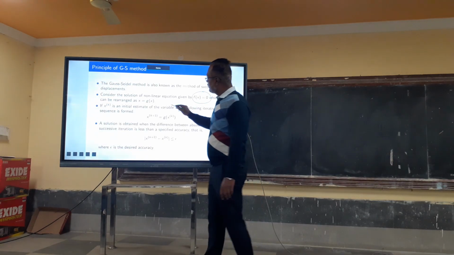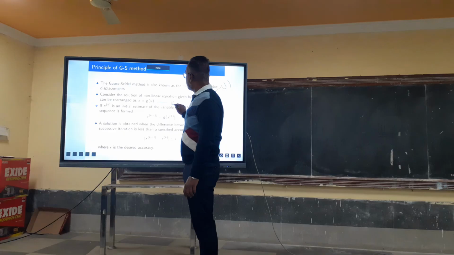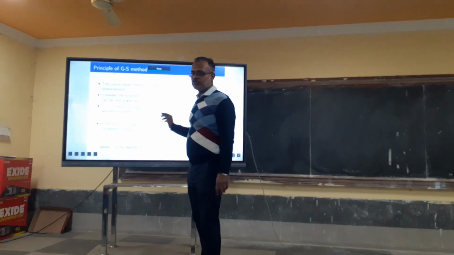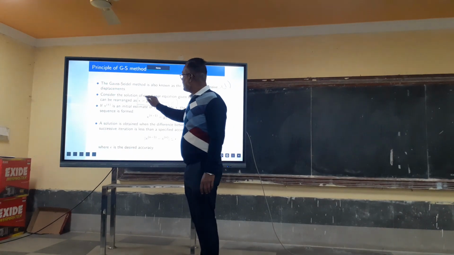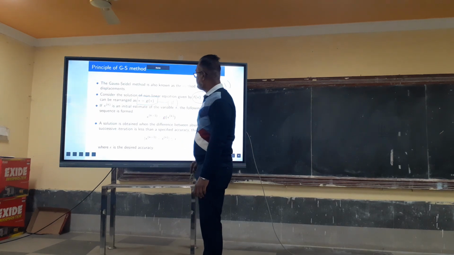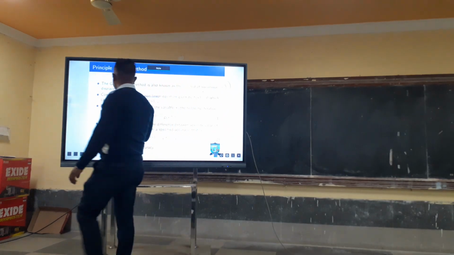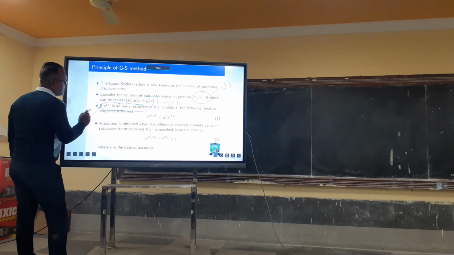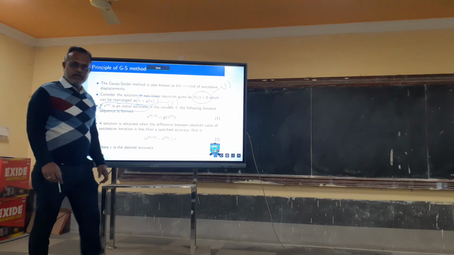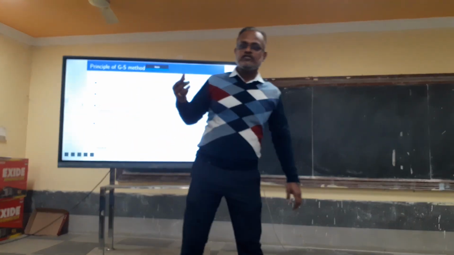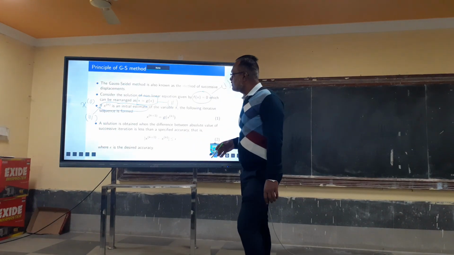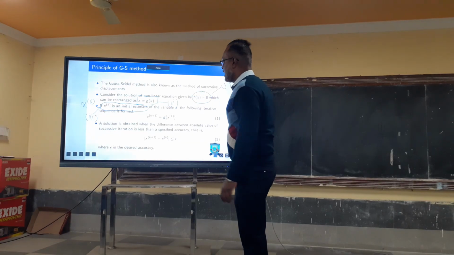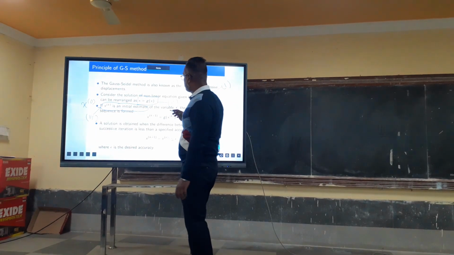Step 1. Second, you write this equation as x = g(x). You write this equation in this form. Third, you give an initial estimate, which is x0. That means the first estimate will be x0, the zeroth iteration. No iteration has been made yet.